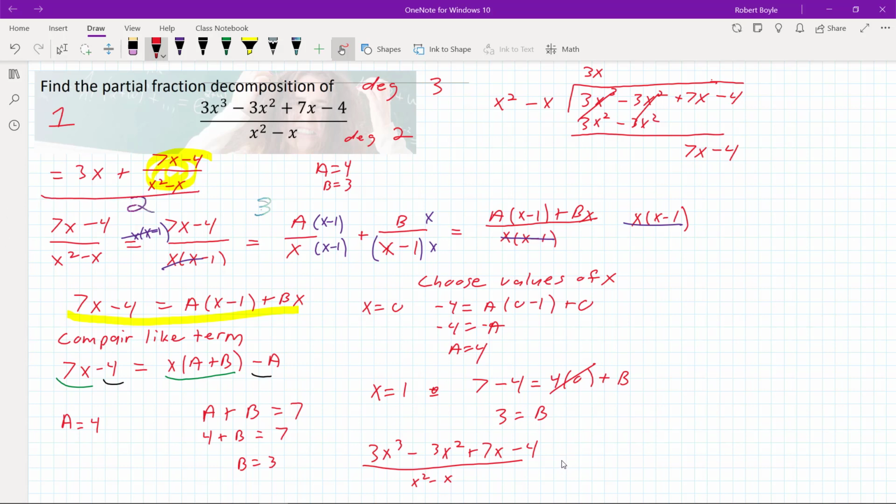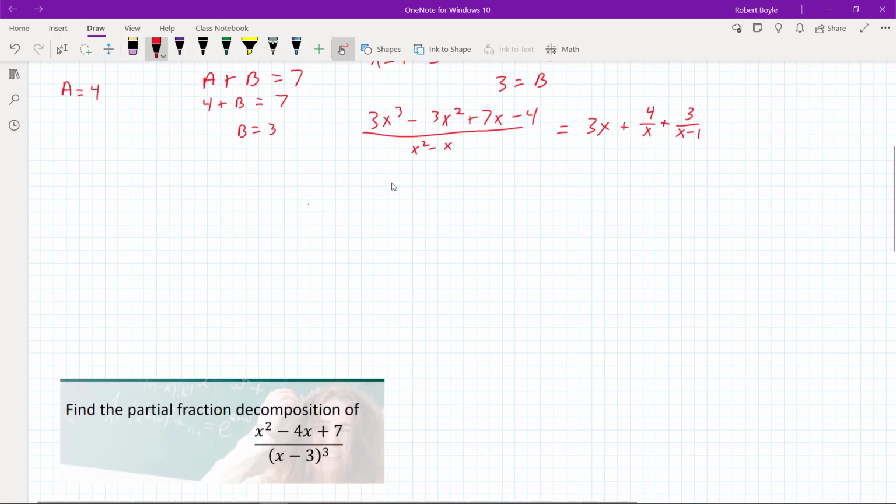First thing we have is plus 3x, and then we have the partial fractions decomposition of this, and that is going to be equal to 4 over x plus b divided by x minus 1. That will be 3 divided by x minus 1, and it is indeed true that this is equal to that.